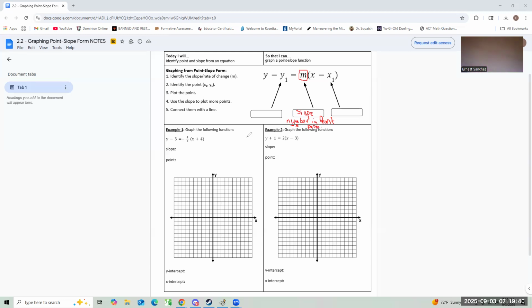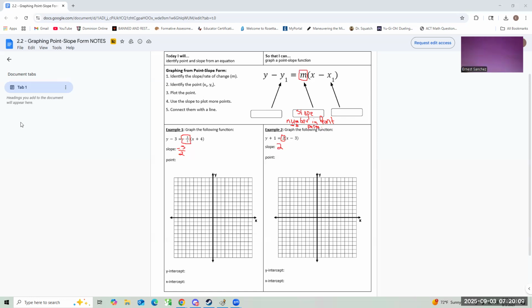Which means if you look at your example one and your example two, your slope is this number, -3/2, because that's the number in front of parentheses, right? And then for example two, your slope is just +2. Easy enough, right? So you should be able to get slope for all these types of problems.